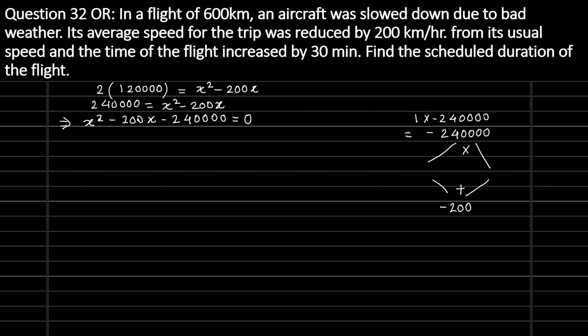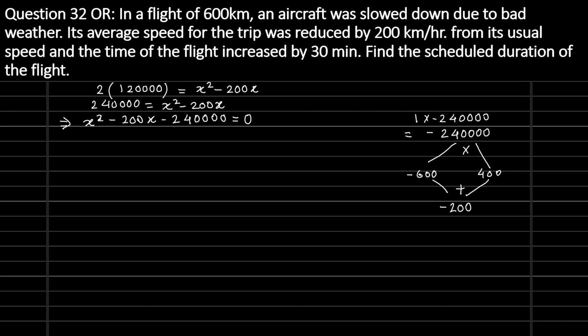What are those two numbers? If you take minus 600 and plus 400, minus 600 into plus 400 is minus 2,40,000, and minus 600 plus 400 is minus 200.